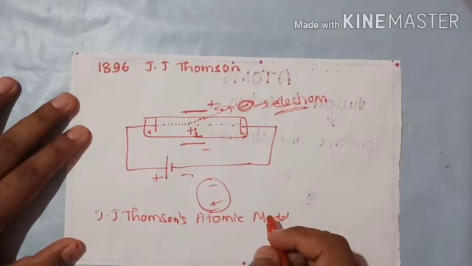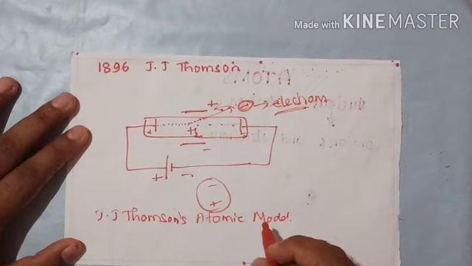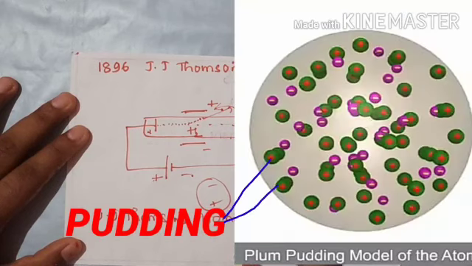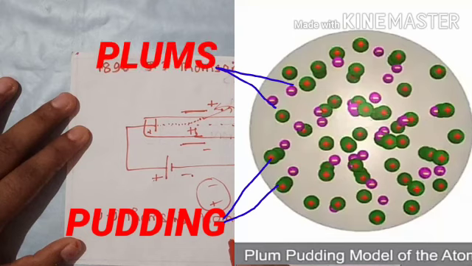According to this model, the positive charge of the atom is uniformly distributed throughout the volume of the atom like pudding. You can see here. The negatively charged electrons are embedded in it like plums in the pudding. This model is therefore sometimes called the plum pudding model.